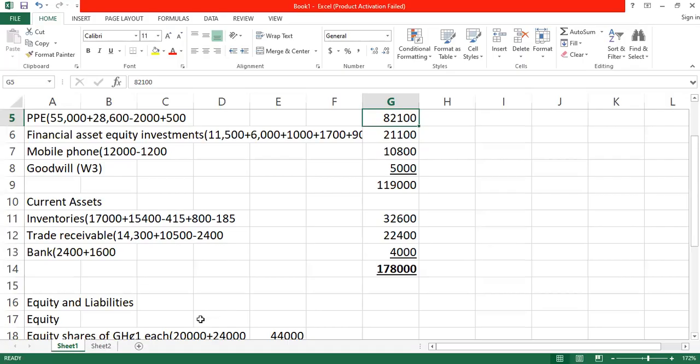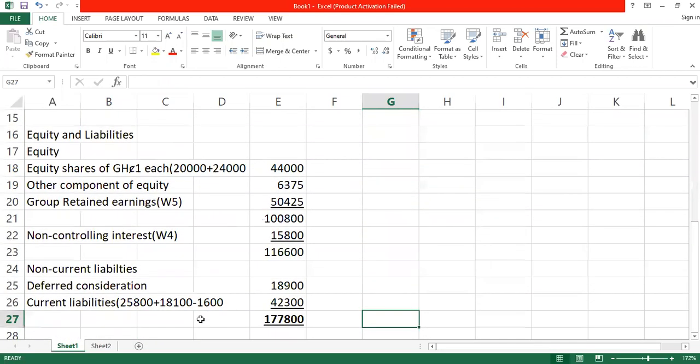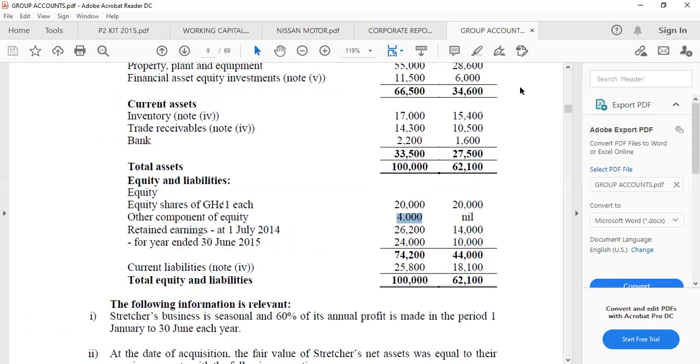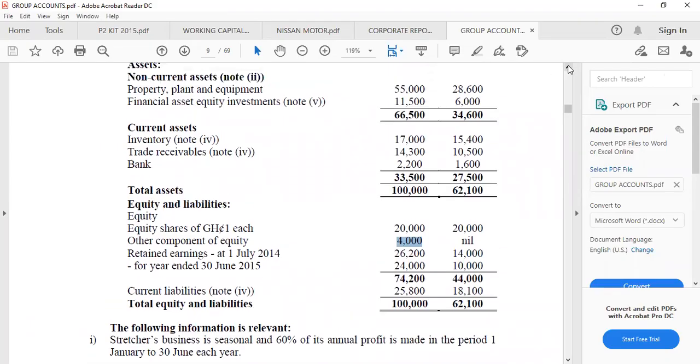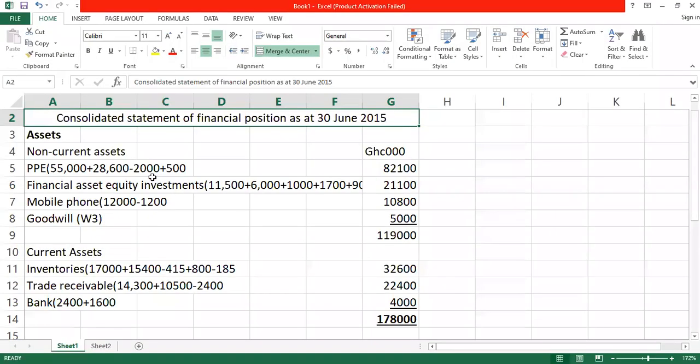Liabilities is 25,800. Okay, let's look at this one. 28,600.